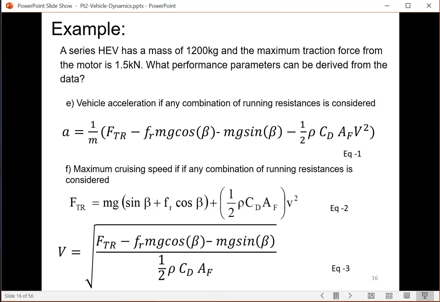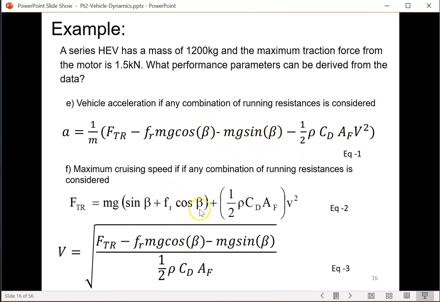Or in the second case, I will show you how to calculate the acceleration when it's on a gradient. But you can include other factors if you know them as well. The formula is the same: ma equals all the forces. So that is rolling resistance, that's gravitational due to the gradient, this is air drag. The formula is there to apply.